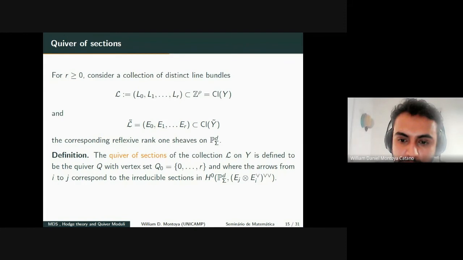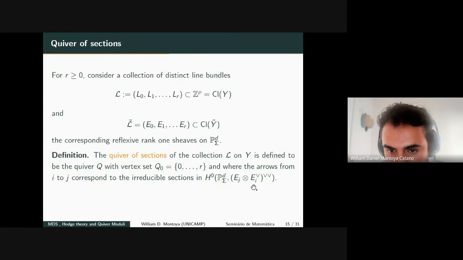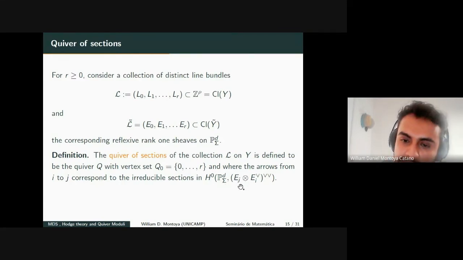And the way to construct an arrow between two vertices is like this. If there exists an irreducible section between these two, there is a canonical isomorphism between Hom of E_i and E_j. And this is the way you construct the arrows.